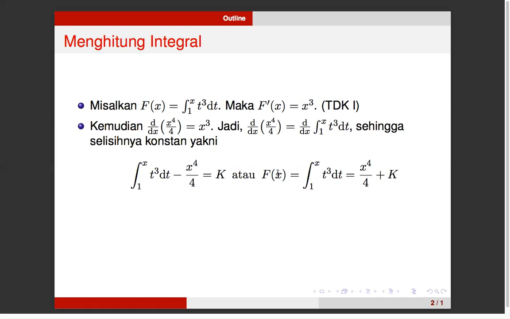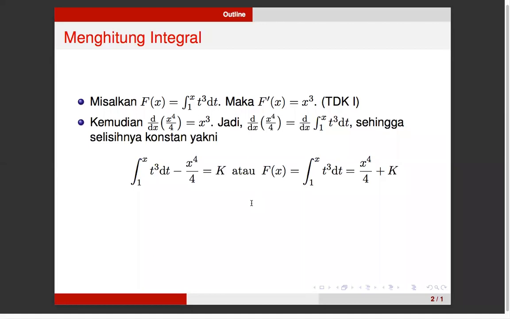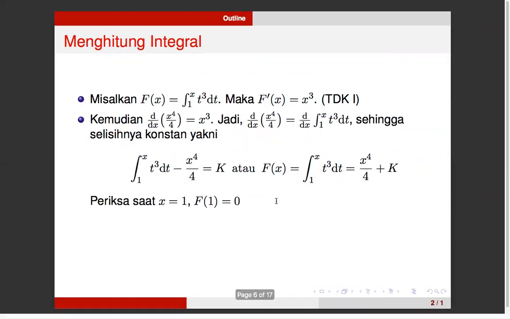Okay. Now, we can write f(x) again, equal to this, and then we move this one to the right. So we have x to the power 4 over 4 plus a constant. Now, if we put x equal to 1, then the value of f(1) is the integral from 1 until 1, right?